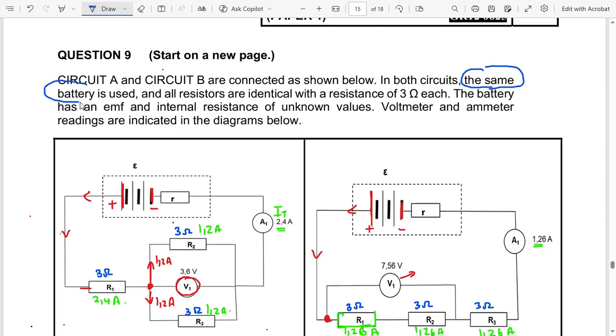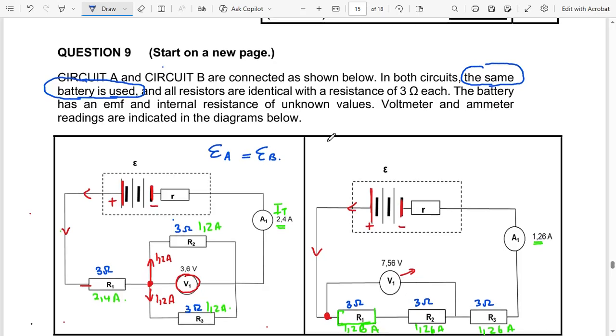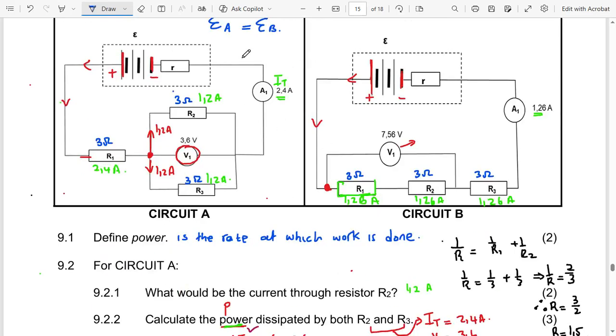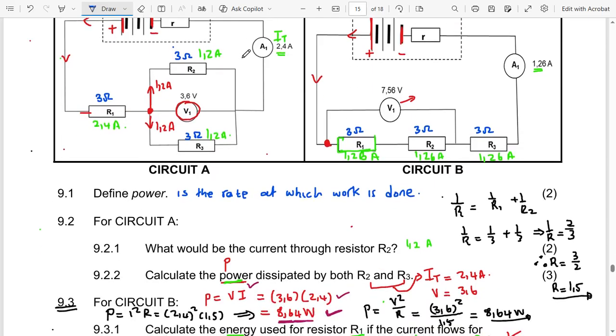I'm looking for where they are talking about the battery. We know that EMF has to do with the battery, right? So they say the same battery is used. So E for A is equal to E for B. This gives me the right to just equate the two.